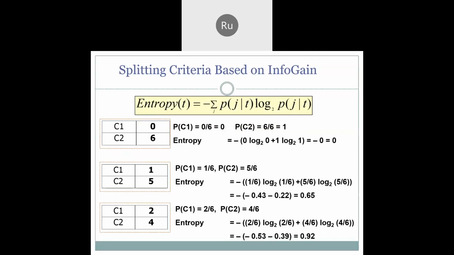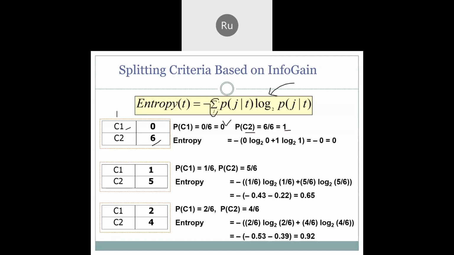For example, if we have one group, this is the first group that consists of class 1: 0, meaning there is no class 1, but we only have class 2: 6 documents here, and we look at the probability of having class 1 will be 0, and class 2 will be 1.